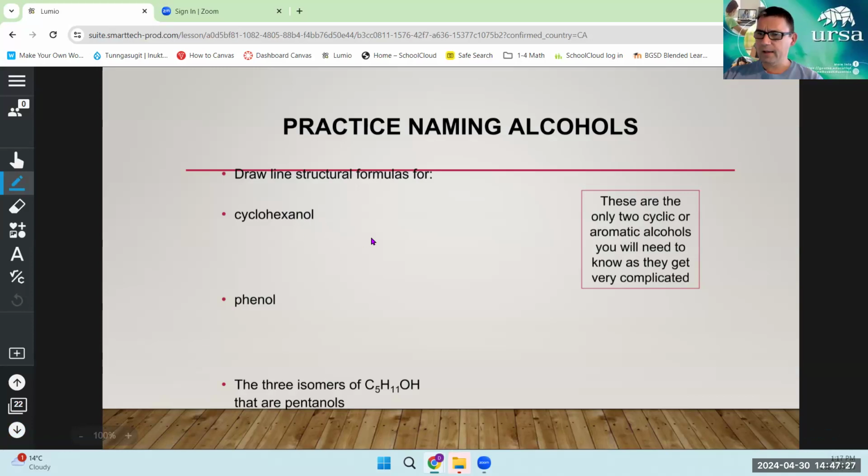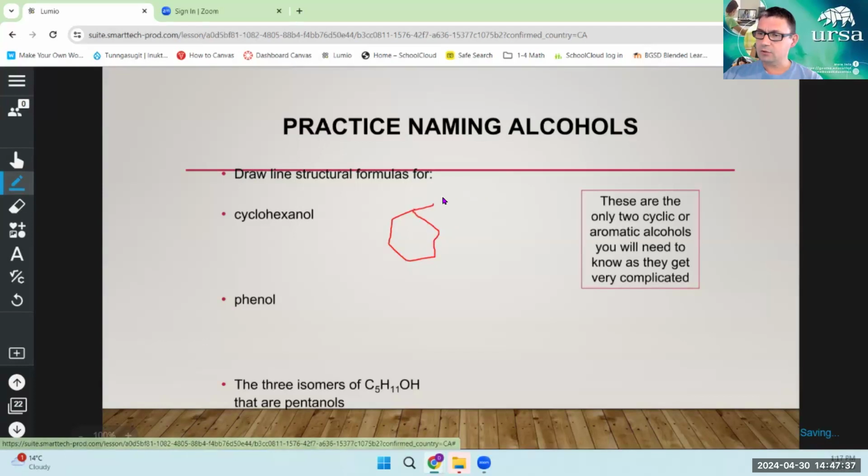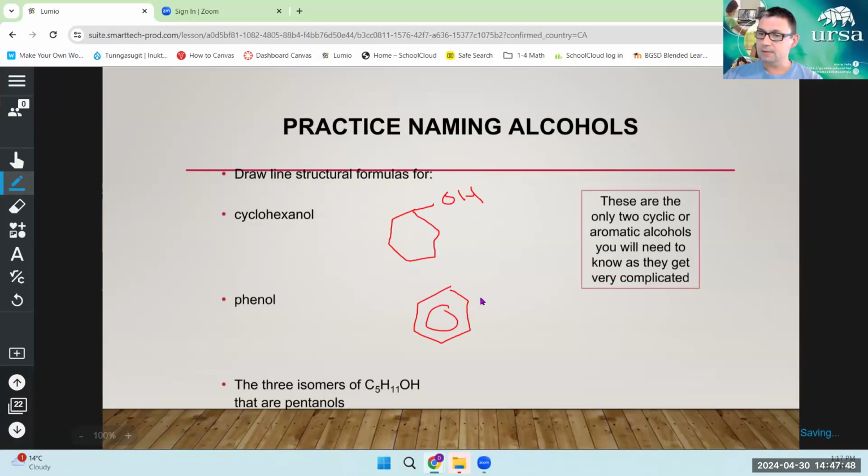So, cyclohexanol: hexanol, cyclo, 1, 2, 3, 4, 5, 6 carbons with an OH group attached. Phenol: 6 carbons, a 6 carbon ring, a benzene ring with a hydroxyl group attached to it.